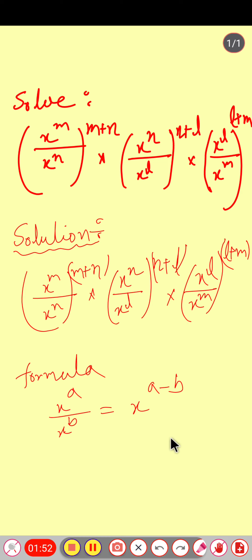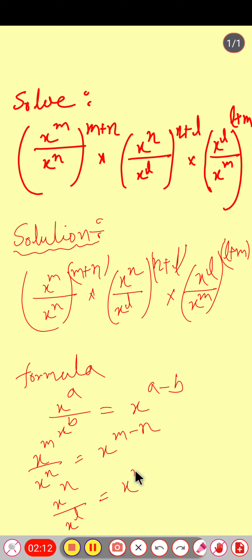Okay, so here x to the power m by x to the power n means x to the power m minus n. Similarly, for x to the power n by x to the power l, it should be x to the power n minus l. Similarly, x to the power l by x to the power m is equal to x to the power l minus m.